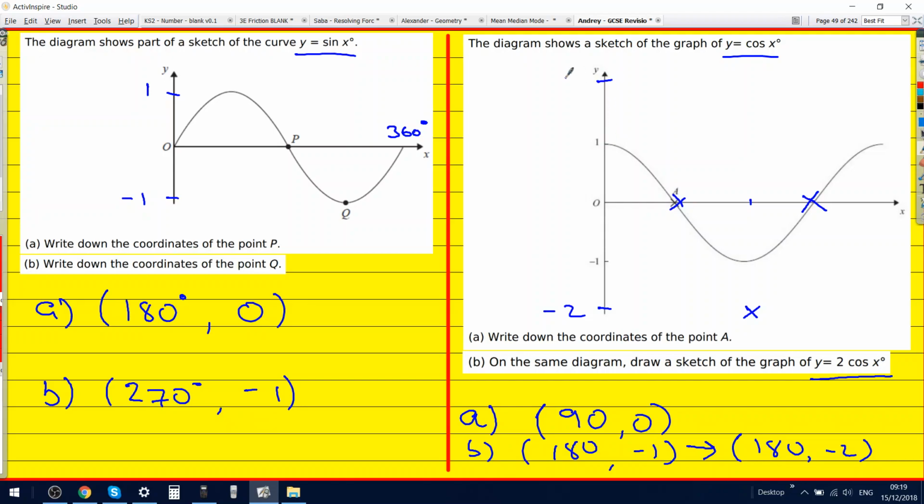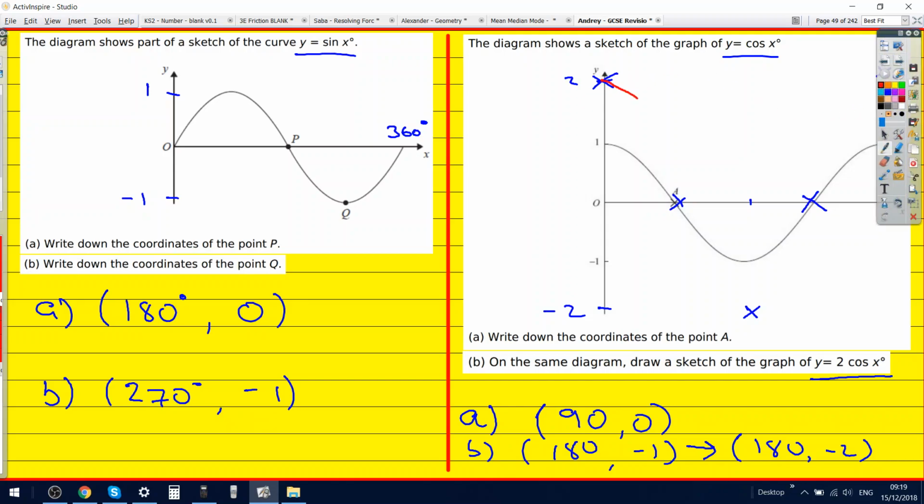Yeah. And with 361, it'll go to 362. Well done. So there you've done the main points.